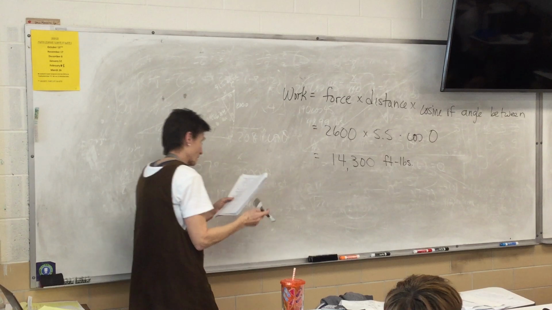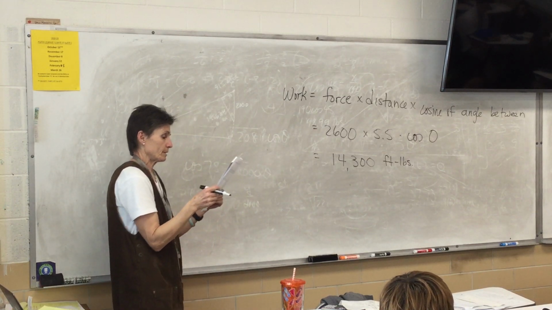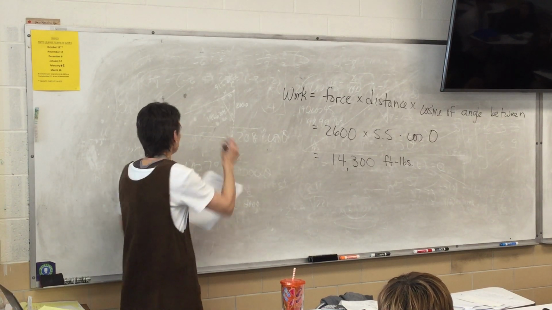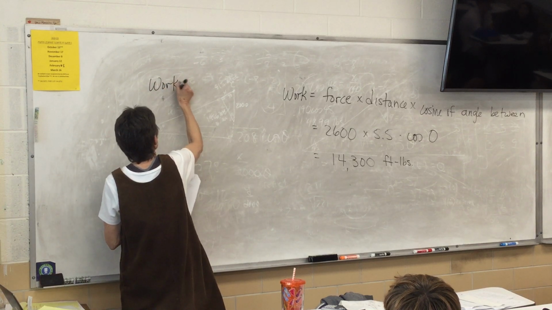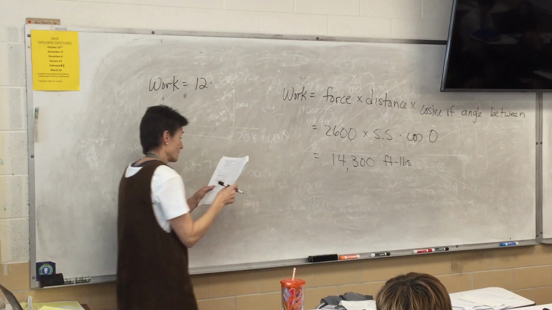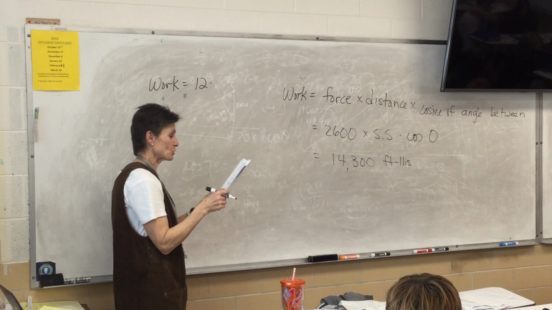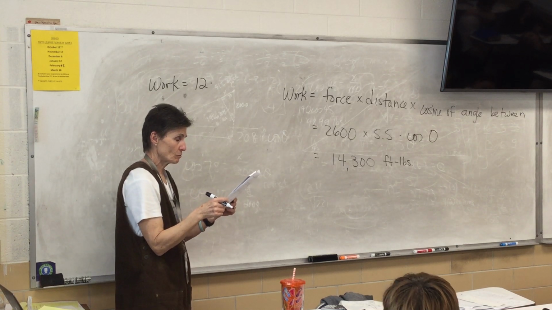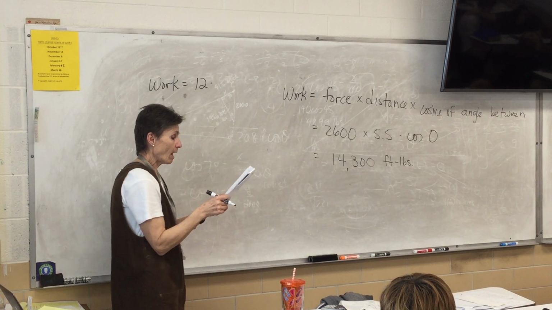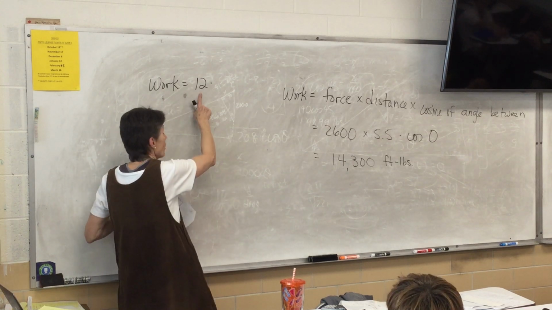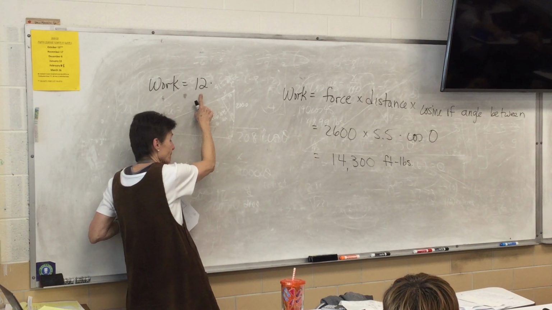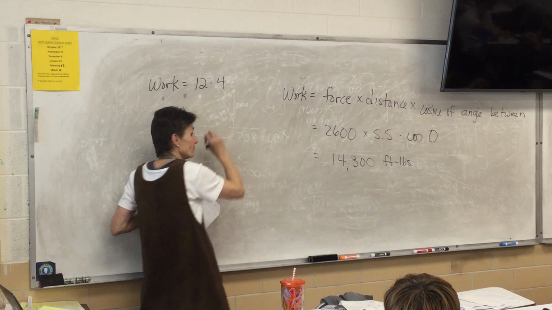One more. Find the work done by a force of 12 pounds acting in the direction 1, 2, in moving an object 4 feet. So we know the magnitude of the force, and we know the distance.